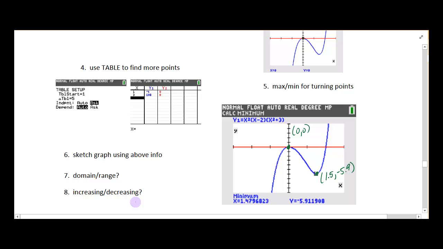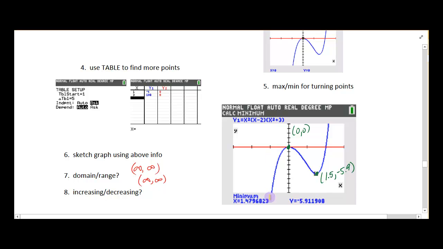Now let's talk about the domain and the range. The domain of this function would be all real numbers, and the range of this function is all real numbers as well. So we have a domain and a range of all real numbers, and how about increasing and decreasing? Remember, increasing and decreasing says as x increases, what happens to y?